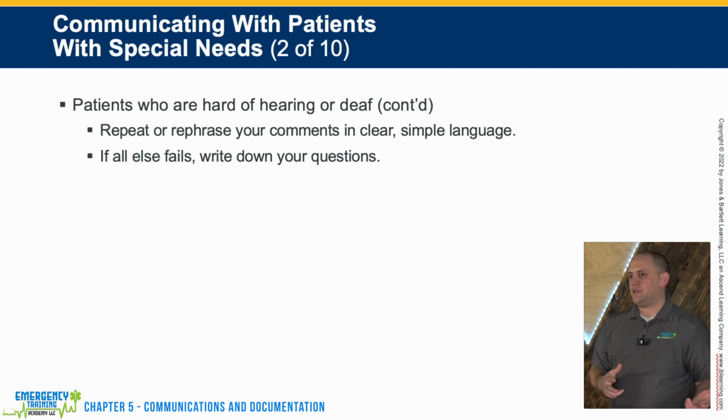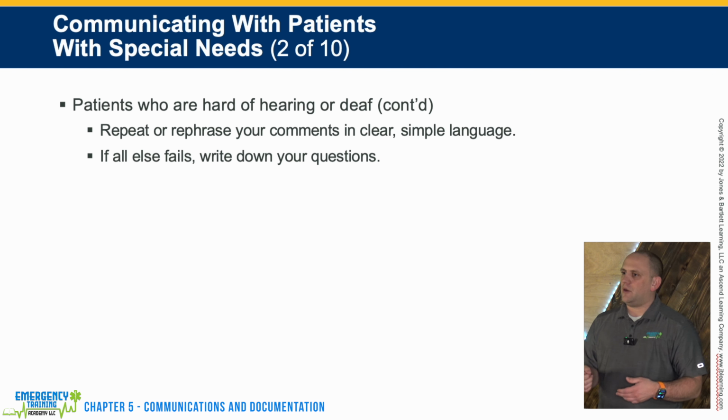Sometimes with patients that are hard of hearing, we may have to repeat or rephrase some of the things that we're saying, making sure that we keep it clear and simple. If all else fails, just go ahead and write it down. Carry a notebook or some way that you can write back and forth and communicate with each other.